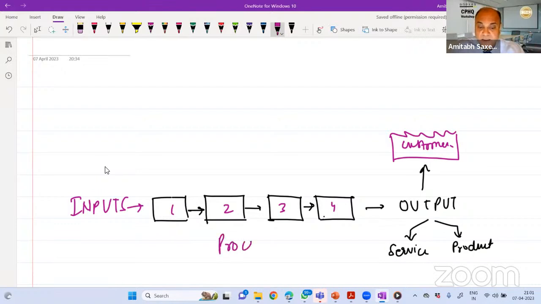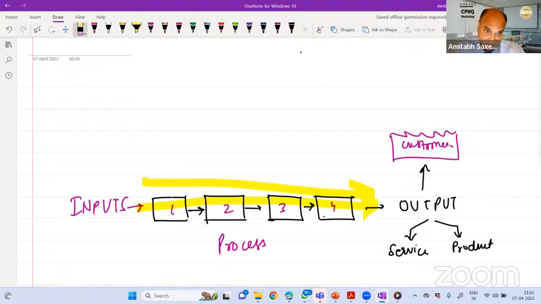So these series of process steps, what is the basic definition of a process? The basic definition of a process is that it is a series of steps done again and again, repeated again and again. Series of steps which are performed multiple times. That is a process.